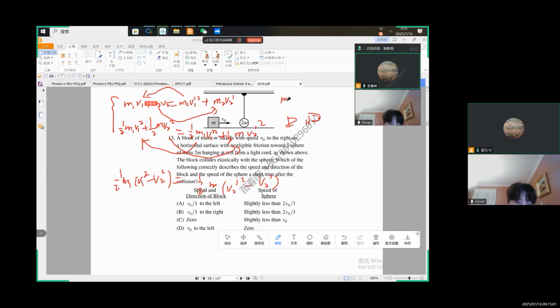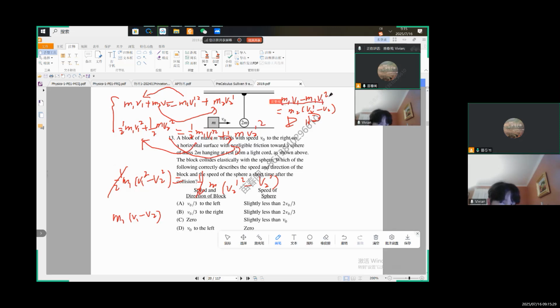And in the same way, I can make it in here. So I have m1 v1 minus m1 v1 prime equals m2 v2 prime minus m2 v2. So you can see that m1 over m2 cancels out. Does that make sense? So I can find it in here, right?